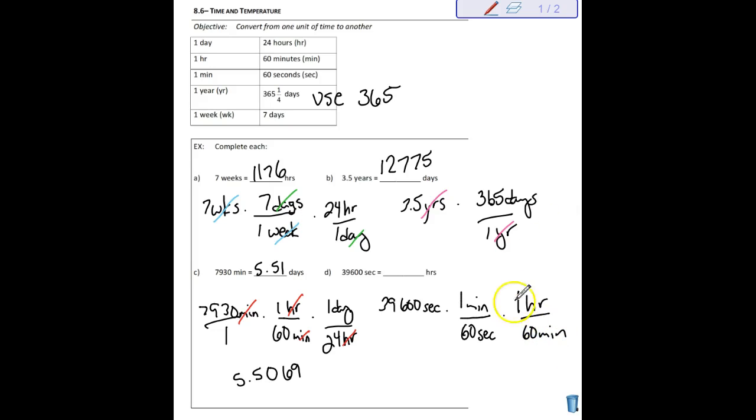Now our minutes cancel as well as our seconds. So I take my 39,600 and I divide by 60 times 60. And what do you come up with? 11 hours. So this is how we do our unit conversions using the conversion rates of time.